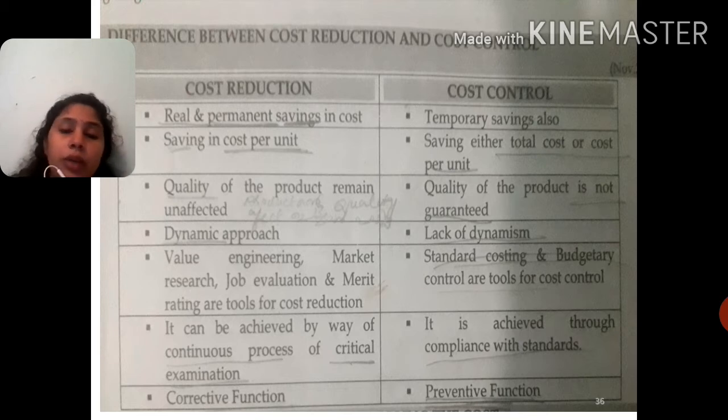If 20,000 Chandrika soaps were produced during that year, cost per unit equals 2 lakh divided by 20,000. So we got cost per unit 20. Clear?